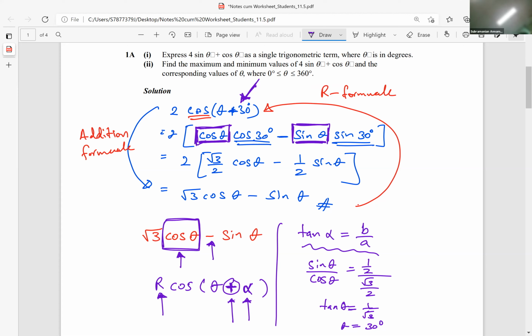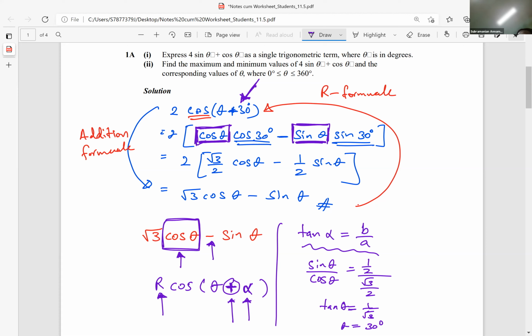So I can replace the alpha now with 30. So this is a bit hard to understand, but hope you can follow me. It's reverse engineering, okay, from what you have, you make sense of it, and then you get the numbers. So far okay?